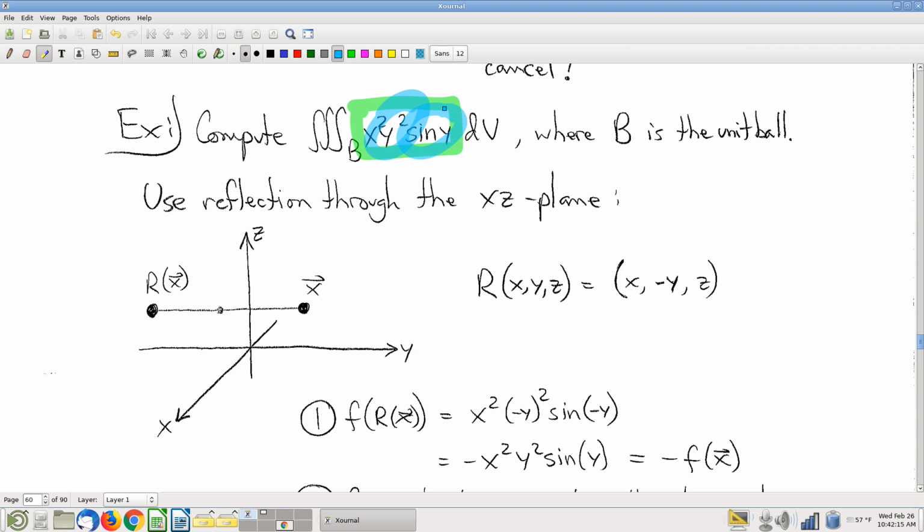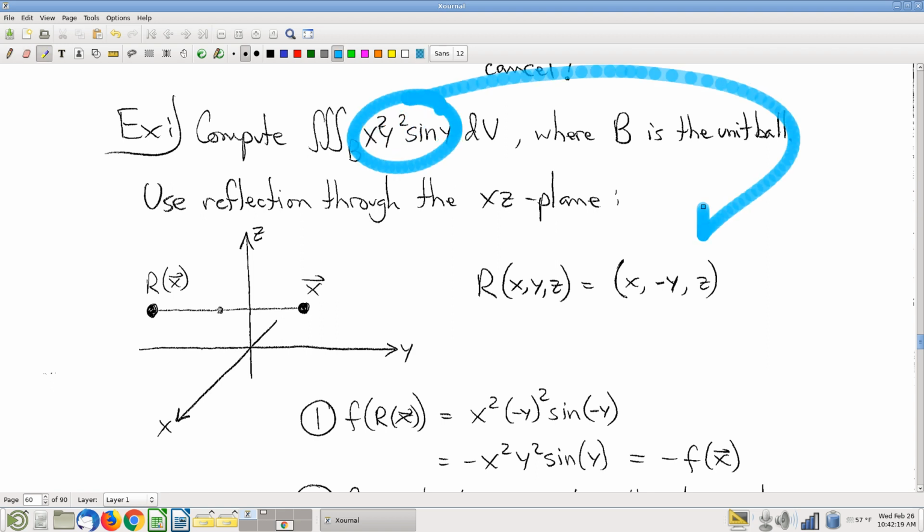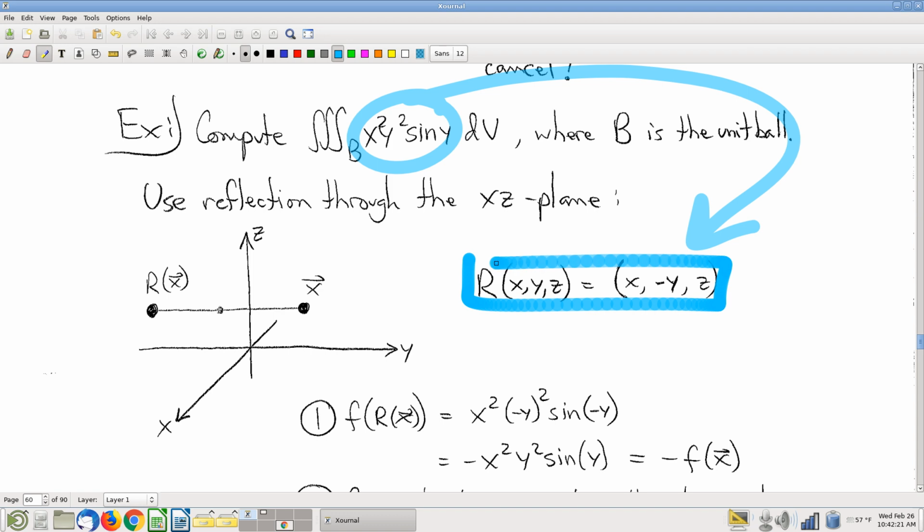So the formula motivates the formula for your reflection, and then the reflection formula motivates the choice of plane.